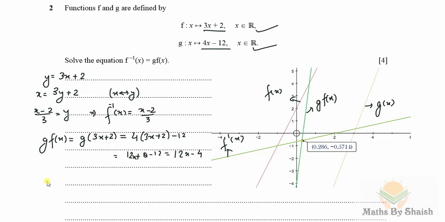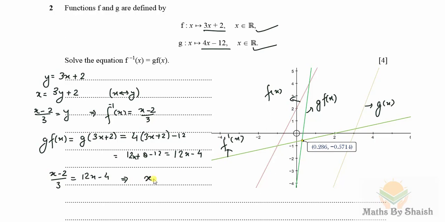Now we will solve this equation: (x - 2)/3 = 12x - 4, and we are going to solve for the value of x. We will get only one value because there are two lines, and lines intersect at one point only.